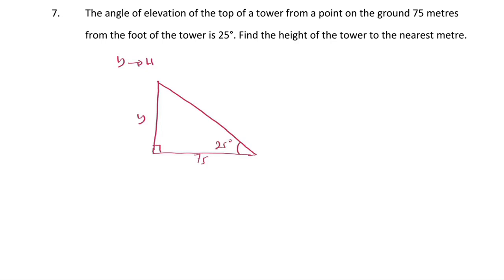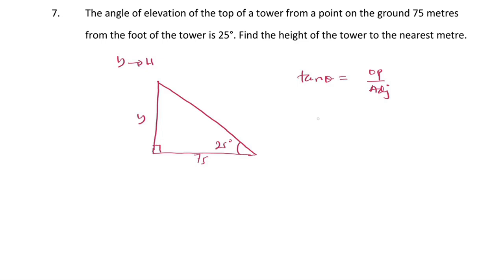Okay, so now let us recall the tangent formula, which says tan theta equals to opposite side over adjacent side. So in our case, opposite side is y and adjacent side is 75, and our theta is 25 degrees.